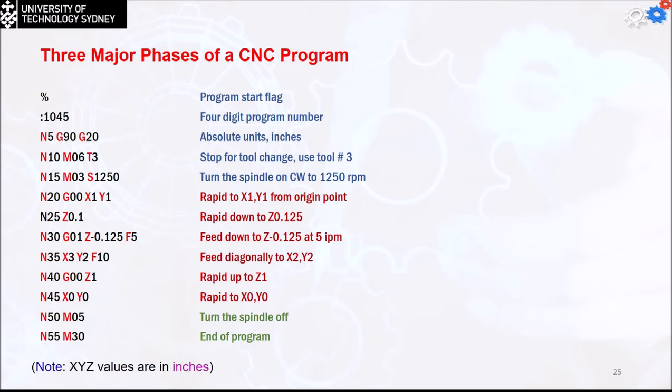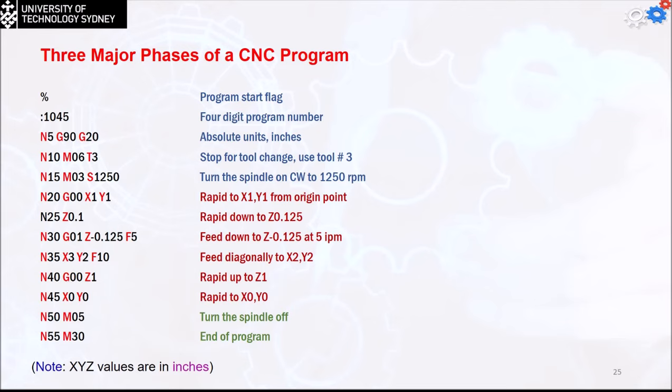The G00 is rapid to the next position from the origin point. The Z0.1 gets me rapid down from any height to the height of the value of 0.1 inches. Then we are going to do the feed down to the depth of Z equal to minus 0.125 from the surface at 5 inches per minute.